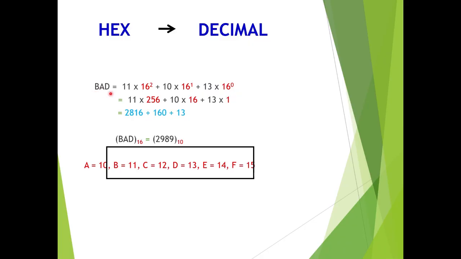B represents 11, so 11 into 16 power 2, A represents 10, 10 into 16 power 1, and D represents 13, so 13 into 16 power 0. 16 power 0 is just 1, so 13 into 1. 16 power 1 is 16, 16 power 2 is 256, 256 into 11 is 2816. So 2816 plus 160 plus 13, so 2989. That is the answer for this conversion.